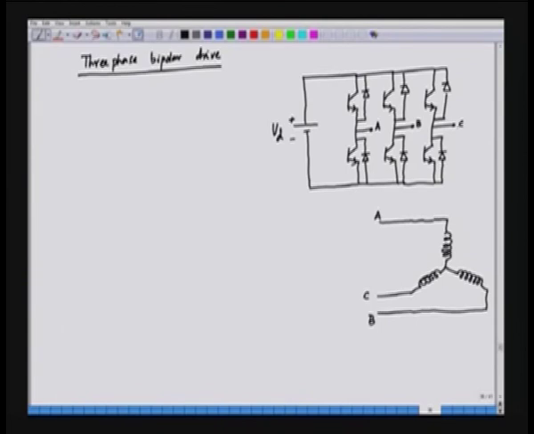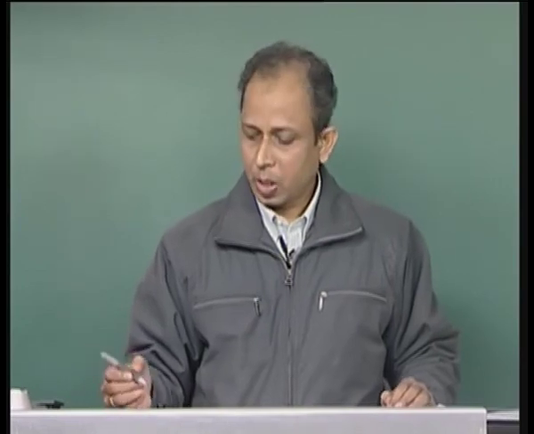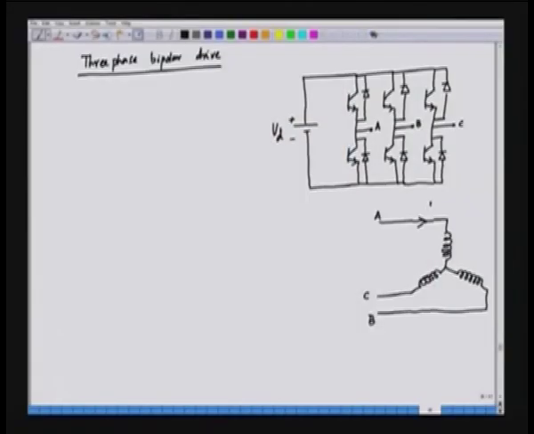Here we operate this inverter in 180-degree mode. In this case, if the current enters one winding as I, it comes out of the other 2 windings as I by 2 and I by 2.